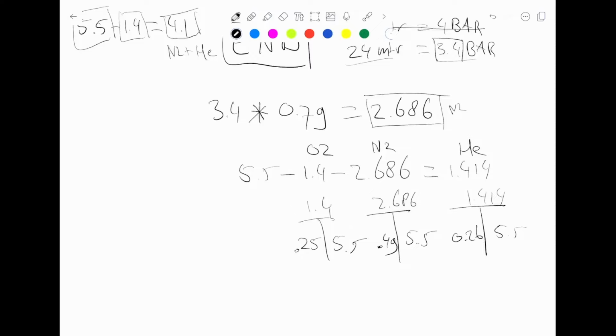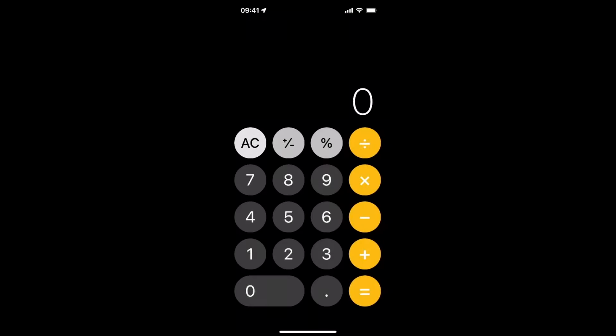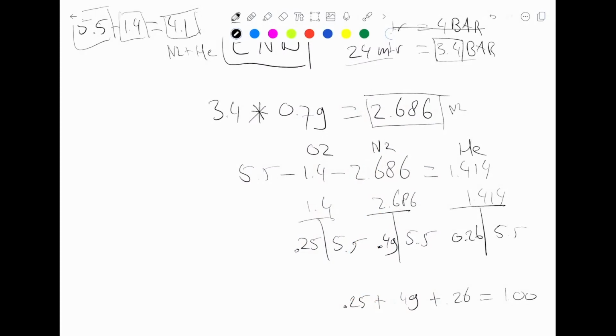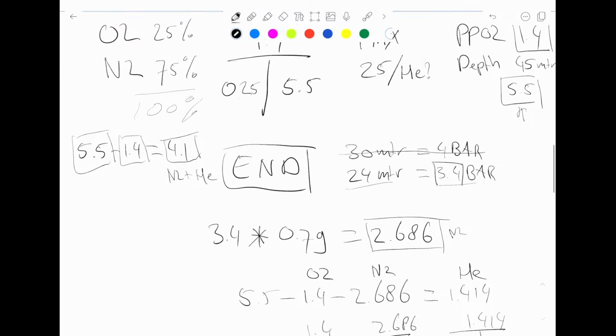Now let's have a look: 0.25 plus 0.49 plus 0.26 is 1.00. Interesting, right? Basic math. 0.25 plus 0.49 plus 0.26 equals 1. So we can now extract this information and put it in our Trimix.